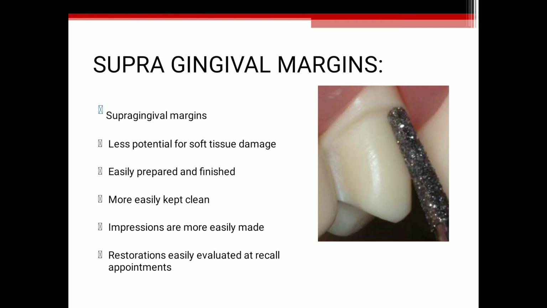And supragingival margins. Why do you use supragingival margins and subgingival margins? Supragingival margins are indicated mainly because they give less potential for soft tissue damage, they can be prepared and finished more easily, they can be kept clean, impressions are more easily made, and restorations can be easily evaluated at recall appointments.